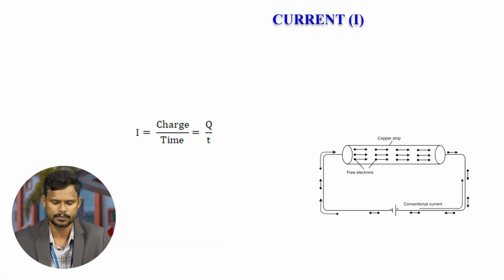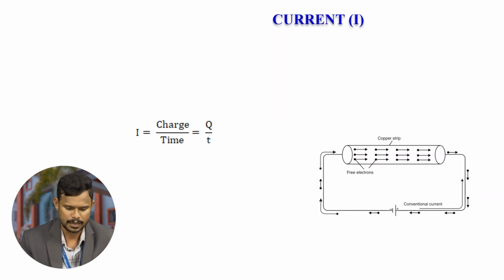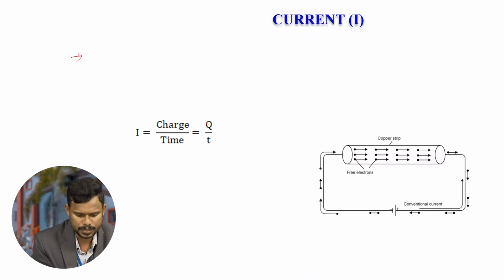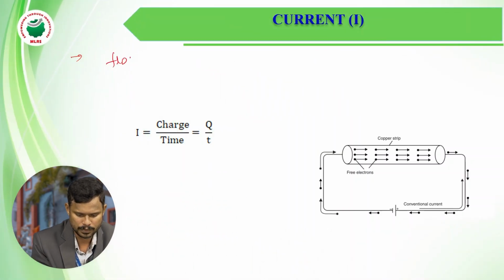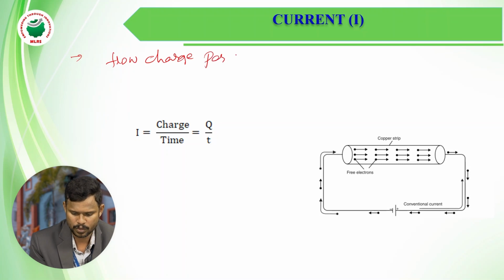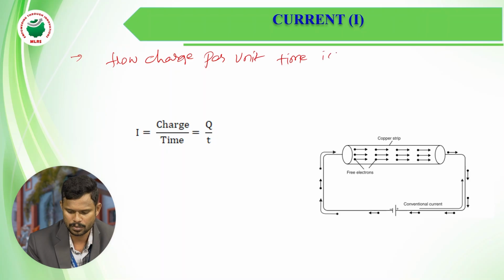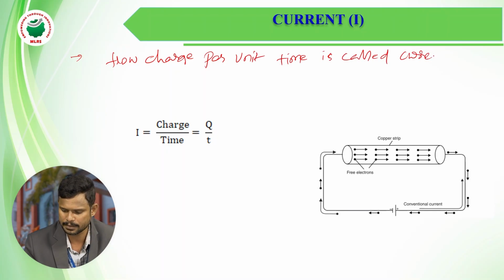Next term is current, electrical current. Current is nothing but the flow of charge per unit time. It is written as I equal to dq by dt.